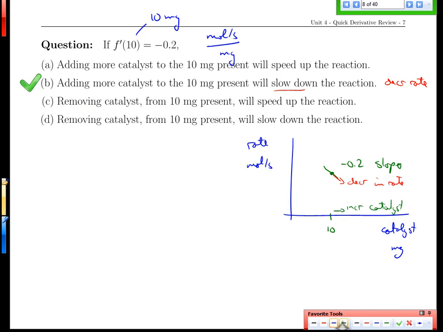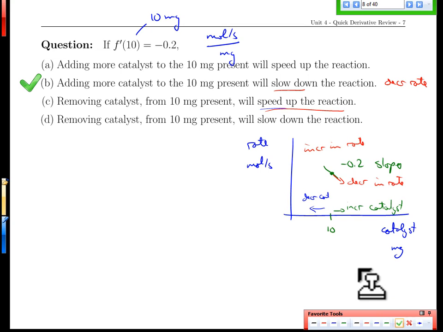What if we went the other way and decreased the amount of catalyst? Well, that brings us back up this way on the curve. If we decrease the amount of catalyst and this slope is correct, we'd be moving back up the curve, and in fact that would lead to a speed up in the reaction, or an increase in the rate.